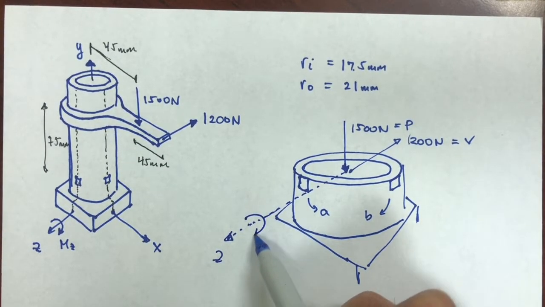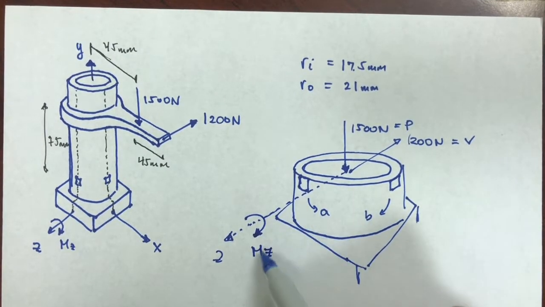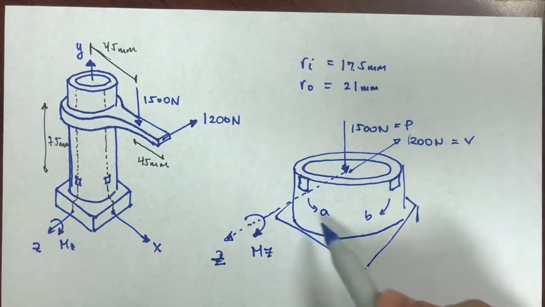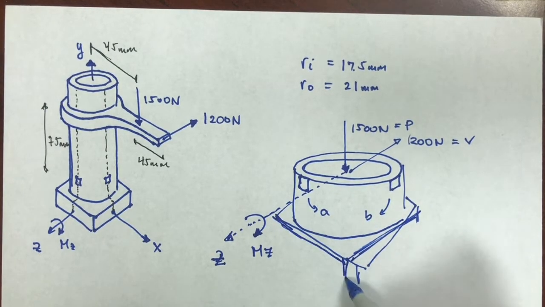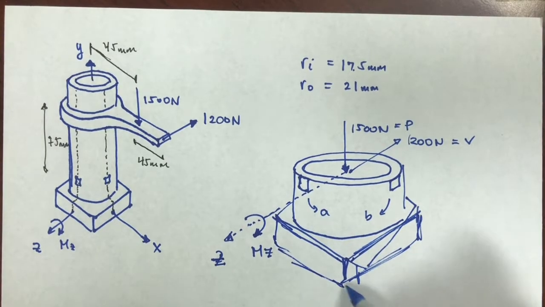I'm going to have a moment that would be positive or negative. It would be negative because, if I'm facing it from the positive Z direction, this would be rotating clockwise.